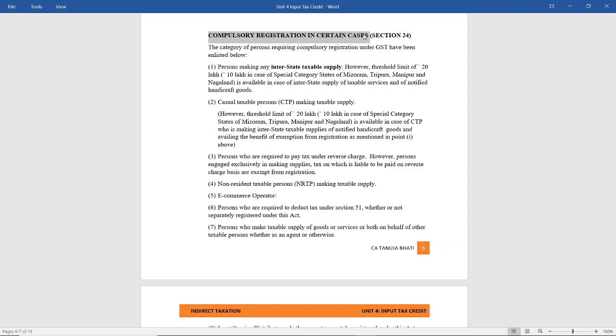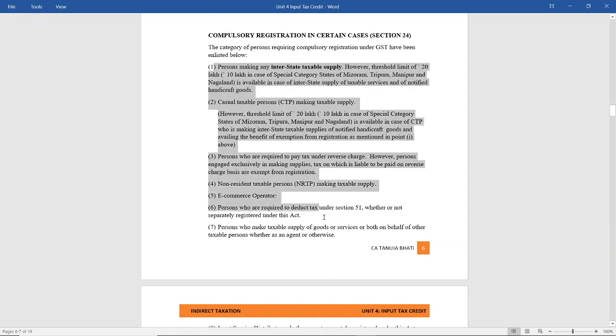So that is the threshold limit. But what I'm talking about here is compulsory registration, for which the threshold will not apply. So irrespective of the limit of turnover of goods or services, they need to mandatorily get themselves registered. So any person making any interstate supply of goods or services has to get compulsorily registered.